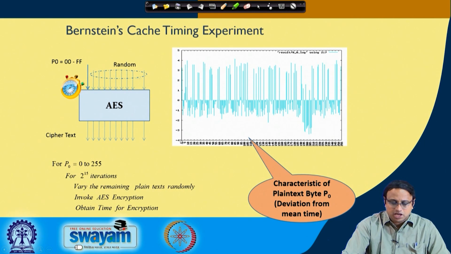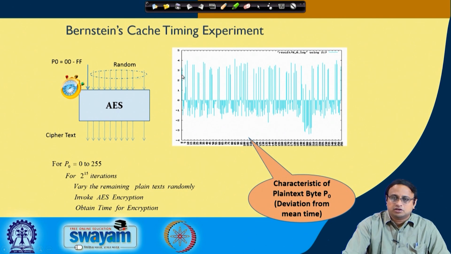Then I plot them in the form of a timing characteristic. Initially suppose P0 is 0, and I make 2 power 15 variations of the remaining 15 bytes, get the average timing, and plot that average timing. Likewise, I change the value of P0 to something else, maybe 1, and again apply 2 power 15 randomly chosen values of the inputs, keeping P0 constant, obtain the timings, take the average, and plot that.